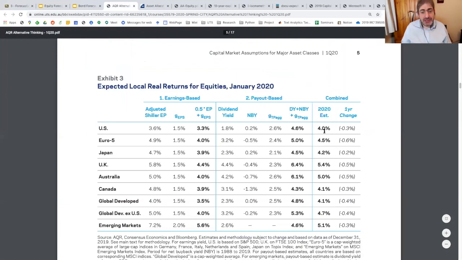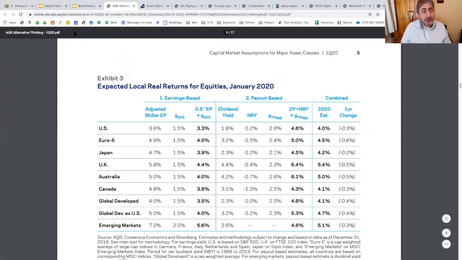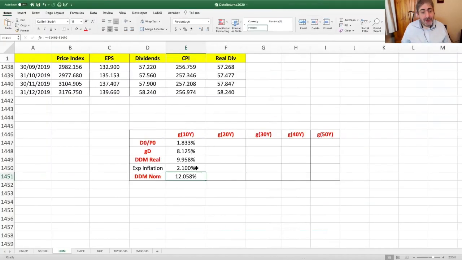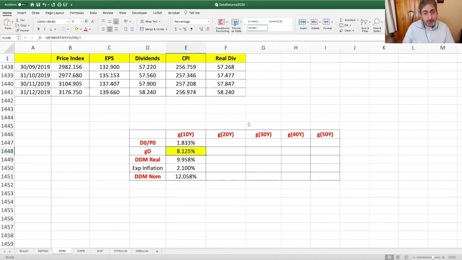And especially their forecasting with the payout based, that is the one that we're using today, is 4.6% before inflation. Okay? Instead of having 4.6% before inflation, we have 9.9% before inflation. That makes no sense. So what's the problem? The problem is G. G is our problem here. We have a big problem with G.